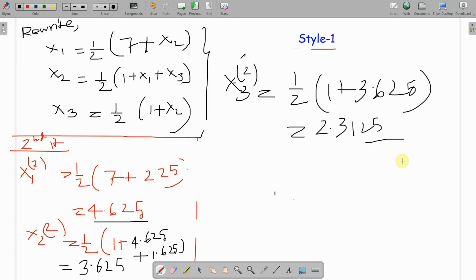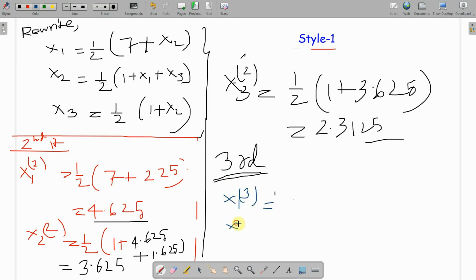Okay, now for the third iteration, you have to do it and tell me what will be the result after the third iteration. So I am writing here x1 third, what would be the result? I am writing here x2 third, what would be the result? I am writing here x3 at third iteration, what would be the result?